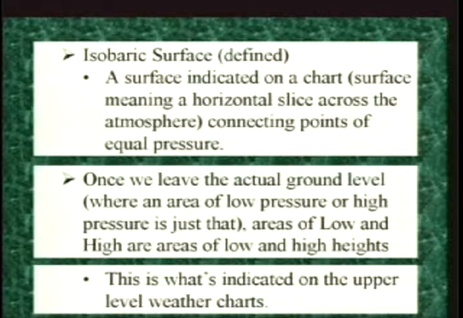That's important. If you ever want to impress somebody in meteorology, when you're talking about a surface chart, you can say high pressure and low pressure. But when you go up and look at an 850 millibar chart or a 500 millibar chart, you see an H or an L on there, you're not really looking at high pressure and low pressure. You're looking at high heights and low heights.